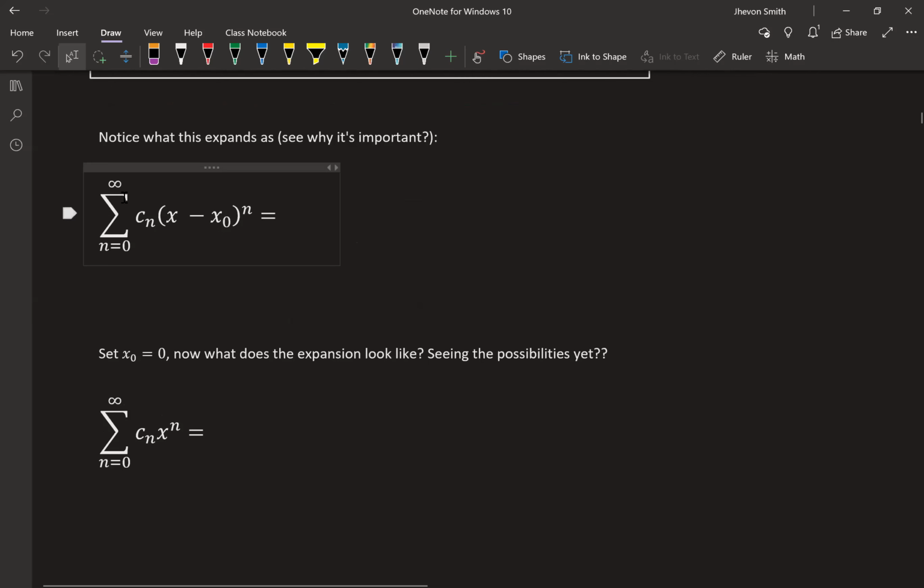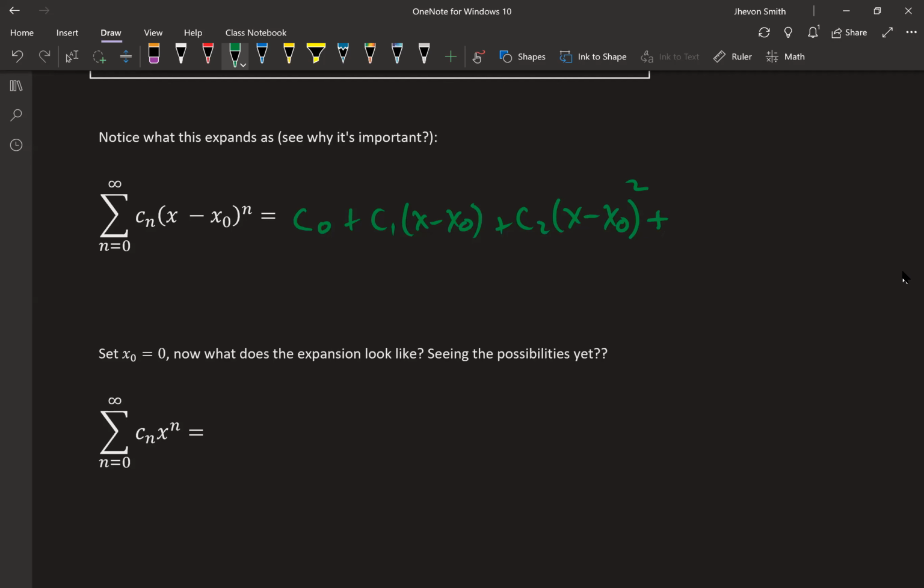A power series is a very important kind of series, and it's just a series that has this form. Here is an example of a power series, and by just writing out the first few terms, you can start to realize why something like this might be useful. Notice that if I start to write out some terms of this series, I get something very useful, very familiar, very convenient. It's easier to see if I just let x naught be 0.